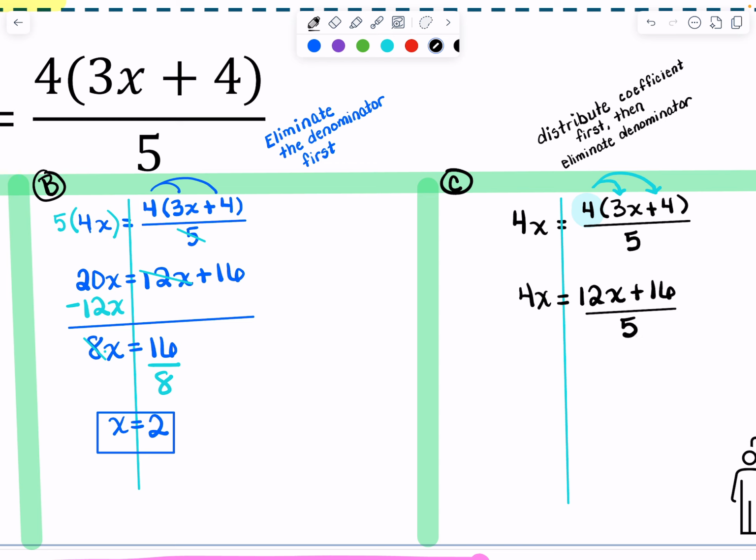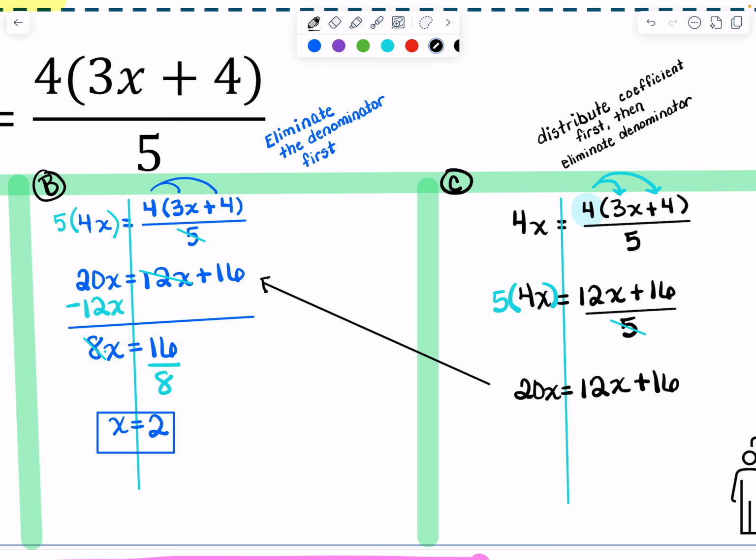After I distribute that coefficient, now I'm going to go ahead and get rid of the denominator. So instead of dividing by 5 on the right side, I'm going to multiply by 5 on the left side. So I will have 20x equals 12x plus 16. You'll notice here, this one looks very similar to what I had there.